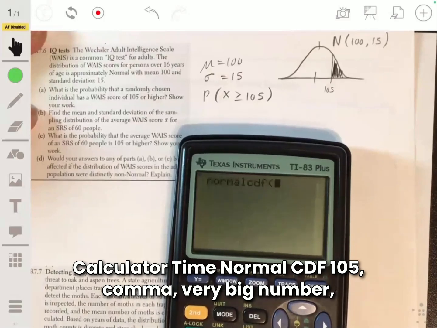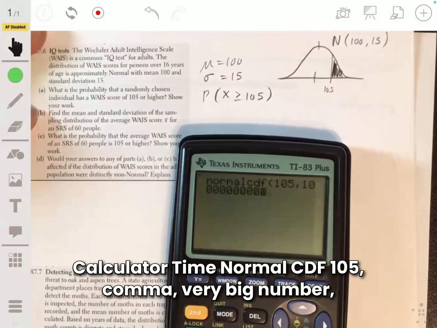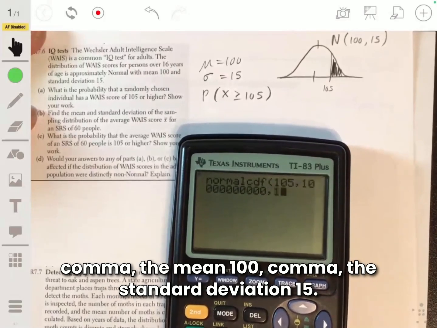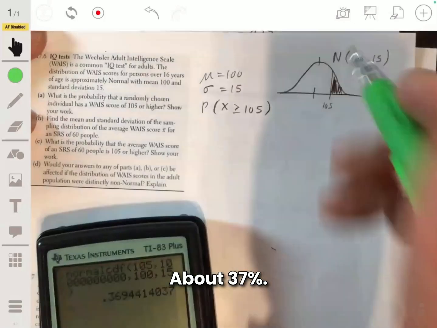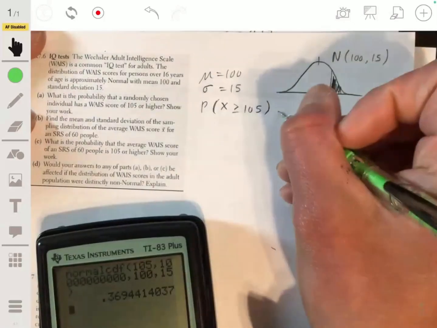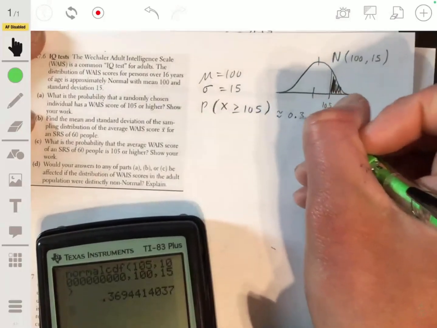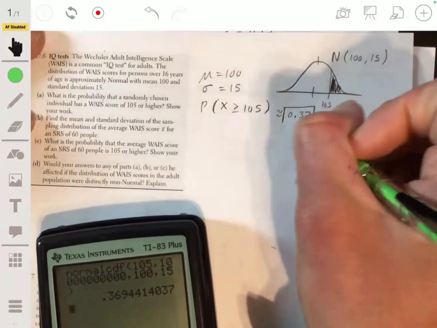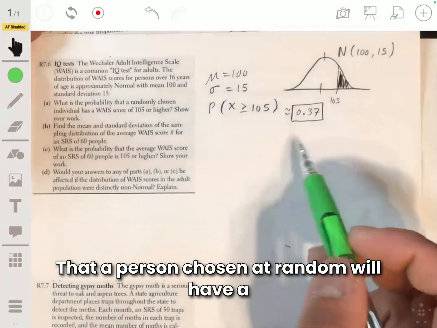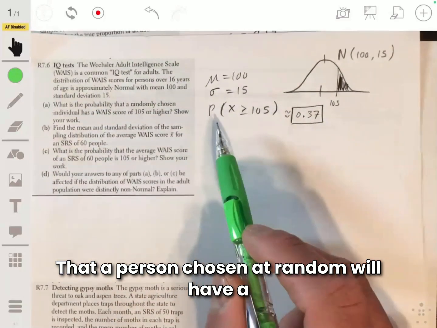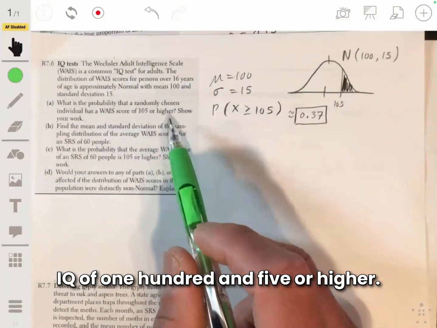Normal CDF, 105, comma, very big number, comma, the mean, 100, comma, the standard deviation, 15. That's about 37%, about 0.37. About 0.37 that a person chosen at random will have an IQ of 105 or higher.